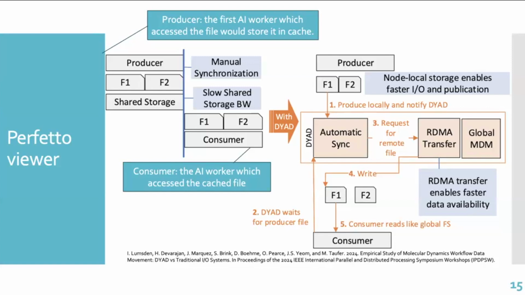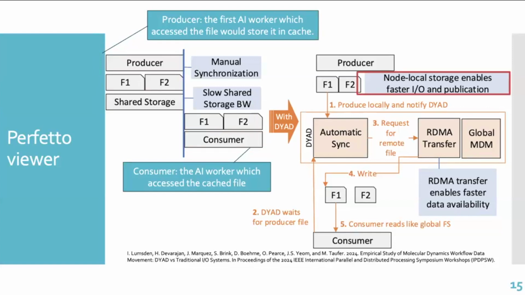So it could be nicely tailored to AI workloads here. Essentially, the producer here, as I said, is the first AI worker who reads the sample and puts it into the node local cache. Originally, you would do this with shared storage, and so that's where DYAD comes in, and the consumer is some other process on a different node or the same node trying to access the cache.